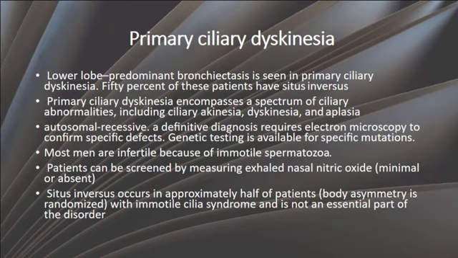Most men with this disease have immotile spermatozoa, and patients can be screened by exhaled nasal nitric oxide, which can be minimal or absent. Situs inversus occurs, as we said, in about half of patients with primary ciliary dyskinesia.